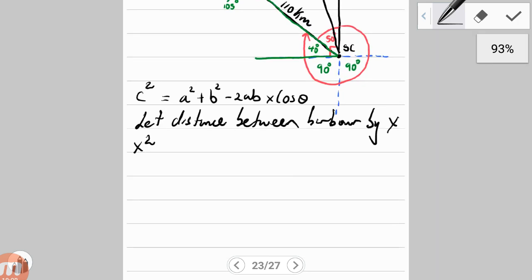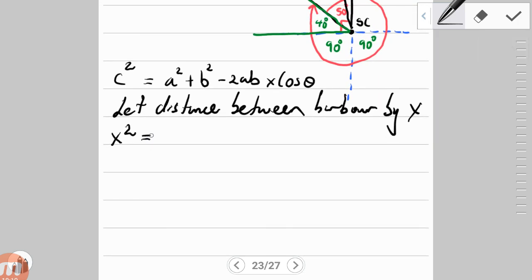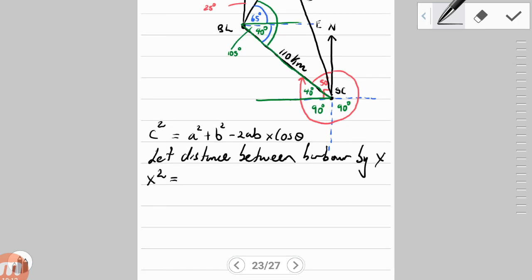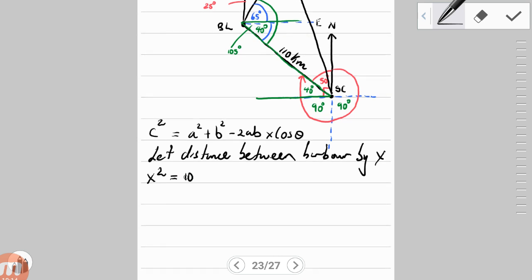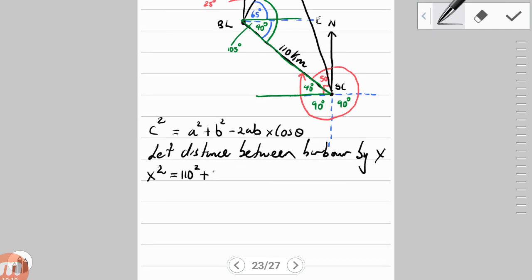So x squared here is going to be equal to the known distance, which is 110 squared, plus 75 squared, minus 2 times 110 times 75 multiplied by the cosine of the angle made by the two sides, which was calculated to be 105 degrees.